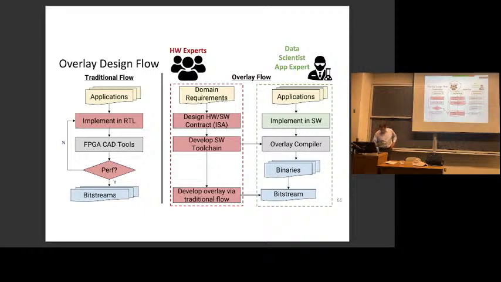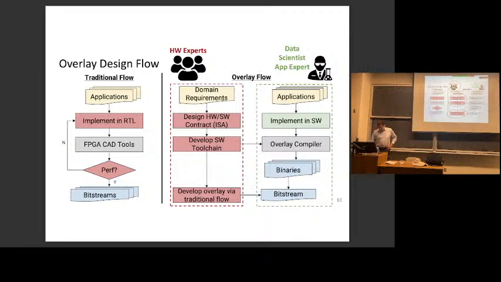So these hardware experts are doing two things: building a hardware engine using the traditional techniques, and that hardware engine has some programmability that's exposed as instructions. So they have to define that instruction set and some way for you to make the instructions that's not too painful.